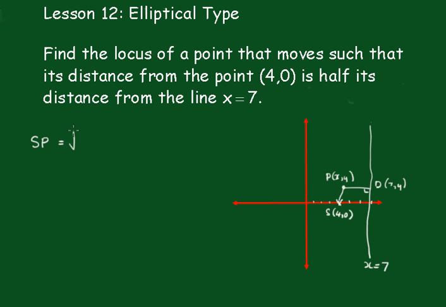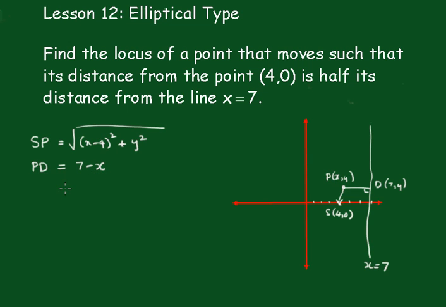So SP is equal to the square root of (x minus 4) all squared plus y squared. And of course, PD is equal to, now that's just going to be 7 minus x.